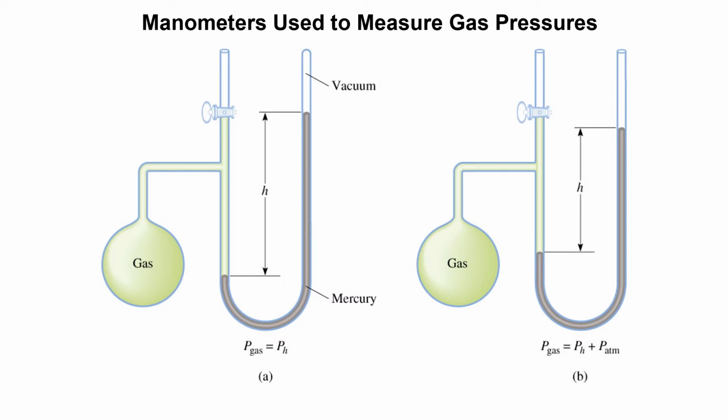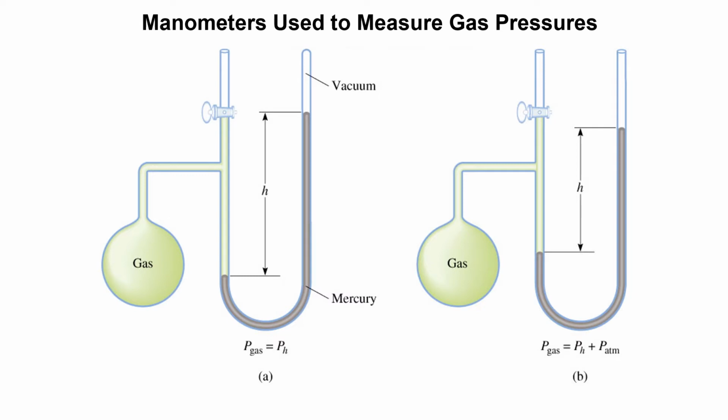The open manometer is used to measure pressures that are greater than atmospheric pressure. And in that open tube, the height difference represents the difference between the pressure of the gas in the flask and the atmospheric pressure.